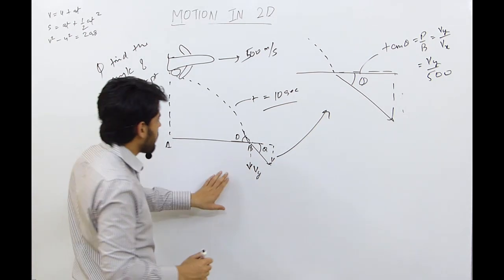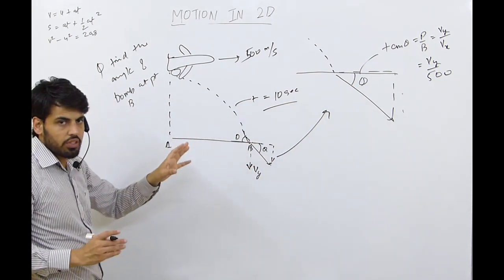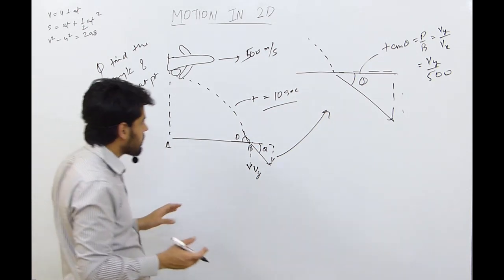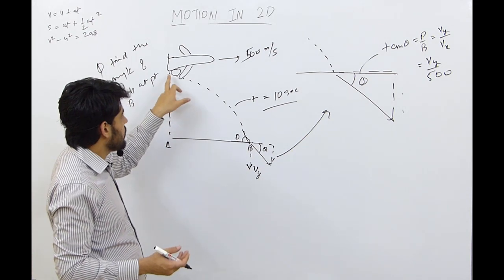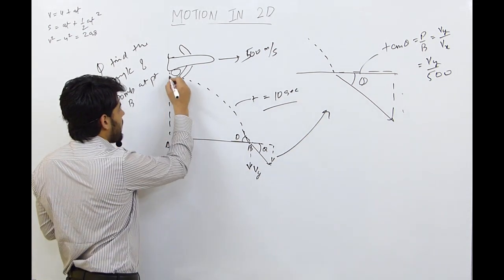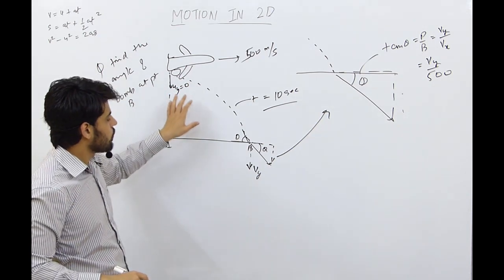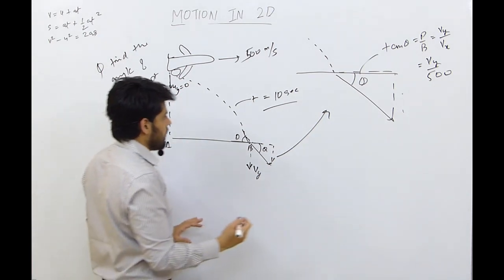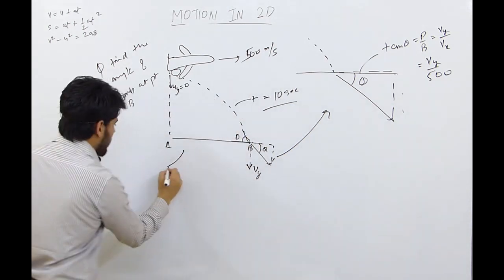So how can we calculate Vy? It's very simple. Time is given. Try to use the equation of motion in which time is there. The distance is not given. Fine. Initial velocity of the bomb Uy equals 0. So we use Uy to find Vy.